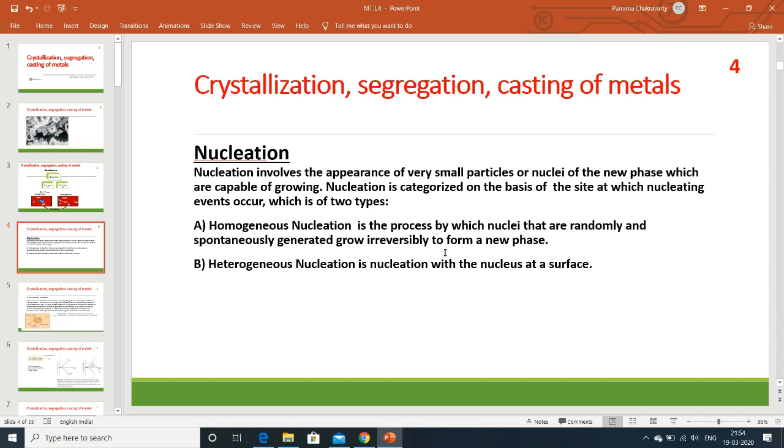Homogeneous nucleation is the process in which nuclei randomly and spontaneously grow irreversibly to form a new phase. On the other hand, heterogeneous nucleation starts occurring at the surface.